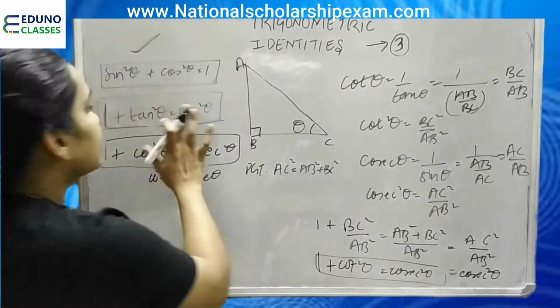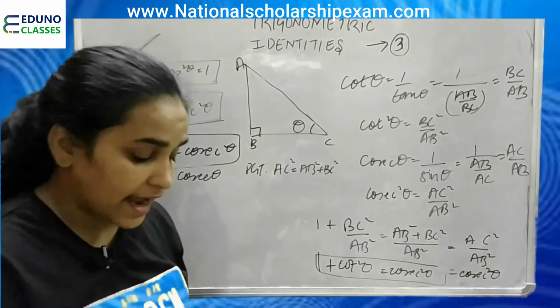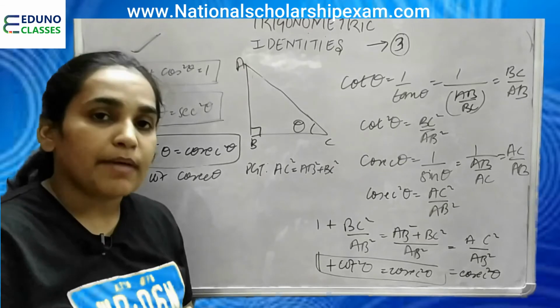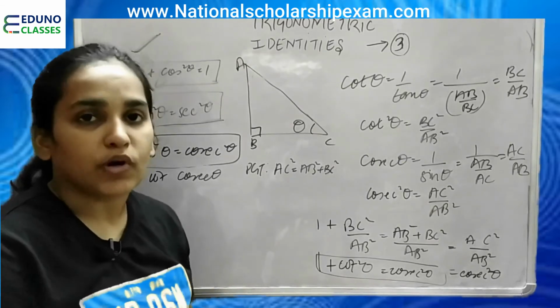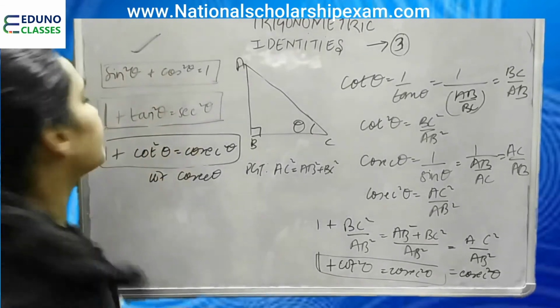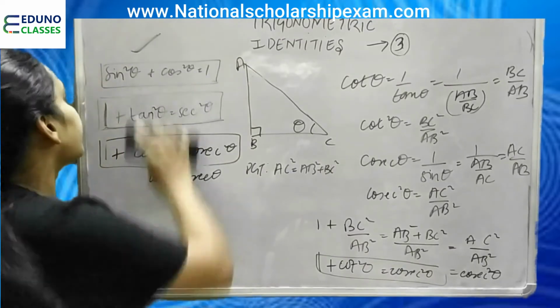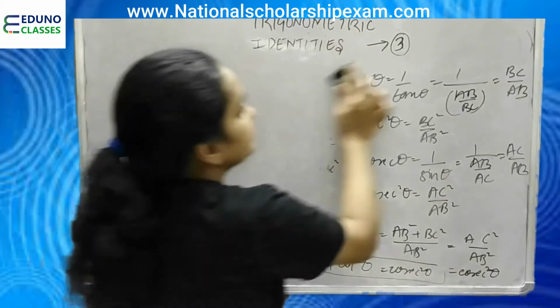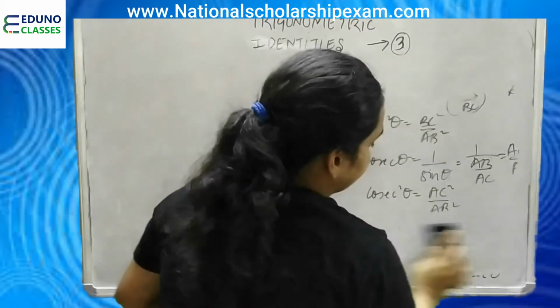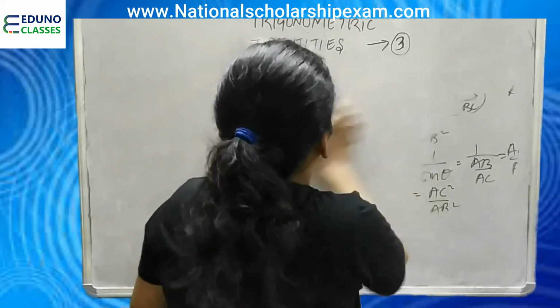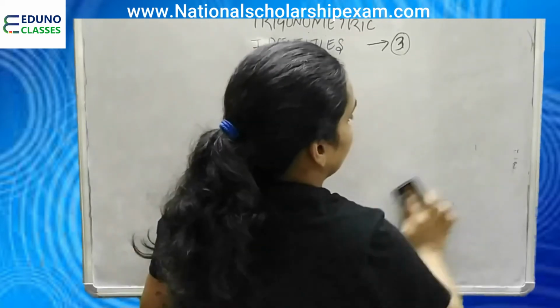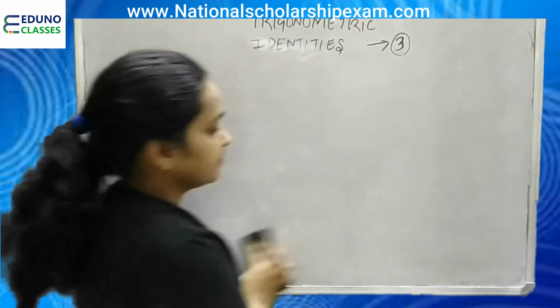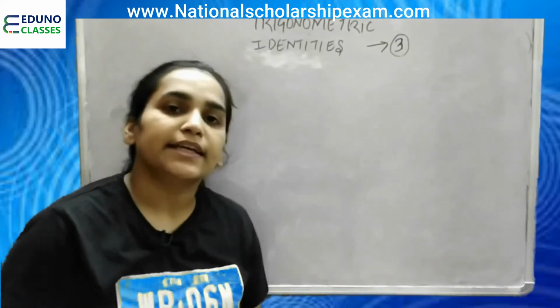So these are the three trigonometric identities that you must remember. It is very important. Okay? Before ending today's lecture, let's have a quick recap of these trigonometric identities. What was the first identity?